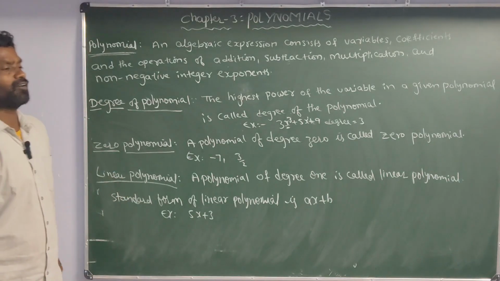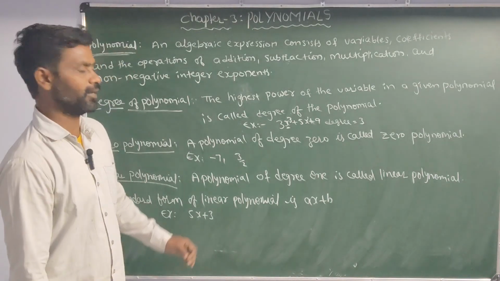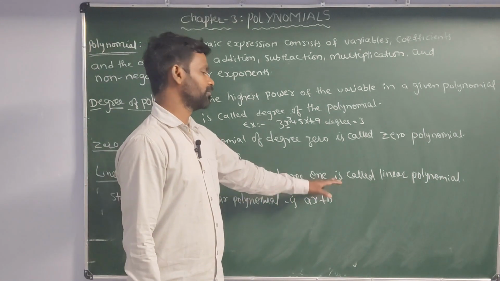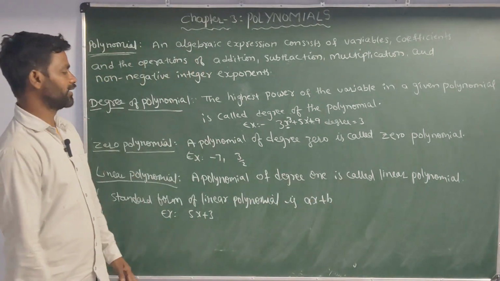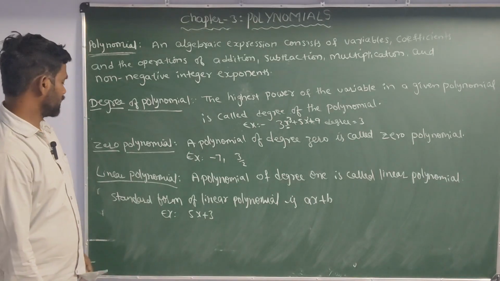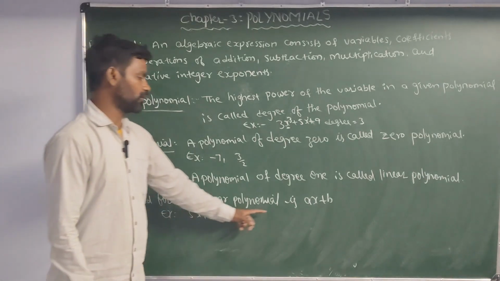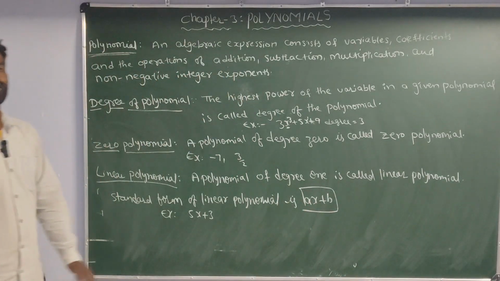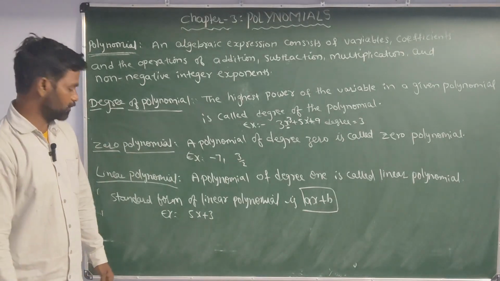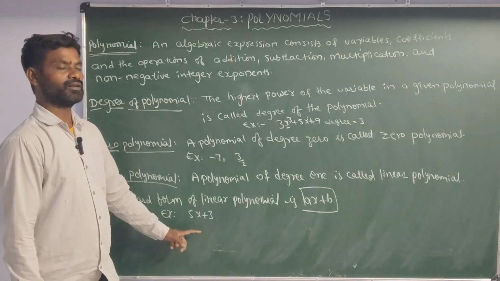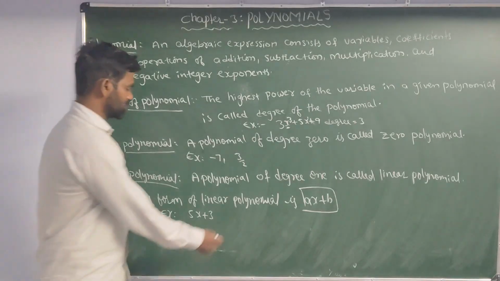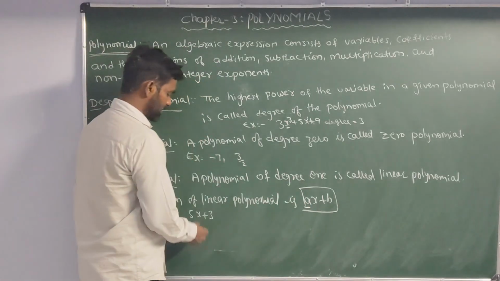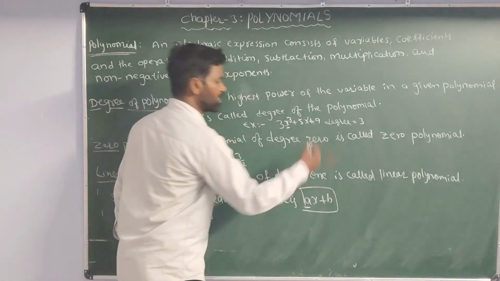Next, linear polynomial. What is meant by linear polynomial? A polynomial of degree 1, where the variable degree is 1, is called a linear polynomial. The standard form of linear polynomial is ax plus b. Example for this one, 5x plus 3. a is some number, x is a variable and b is another number.